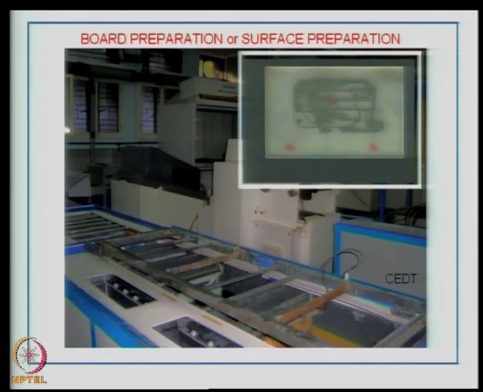So, we talk now about board preparation or surface preparation as the first activity in the board fabrication sequence. In the inset, you are seeing a printed circuit board. The color of the laminate here, as you see, is almost transparent.